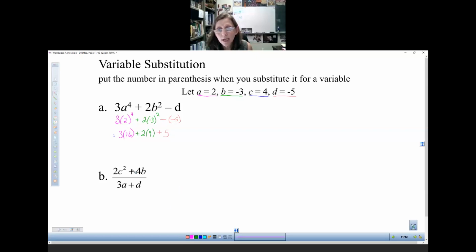And so now I'm going to pull out my handy dandy calculator. My brain's too tired. 3 times 16 is 48. So 48 plus 18 plus 5. And guys, if I were you, honest and truly, I would probably pull out your calculator, especially on your test. I'm a firm believer, if I'm going to give you a calculator, don't get the arithmetic wrong.